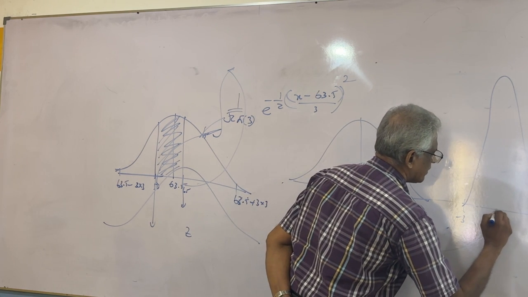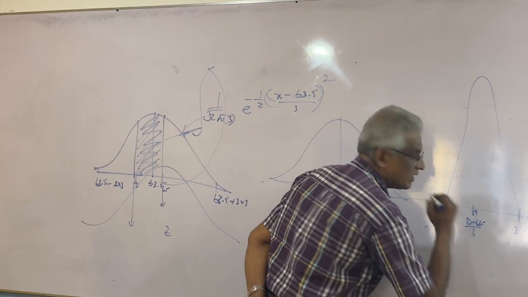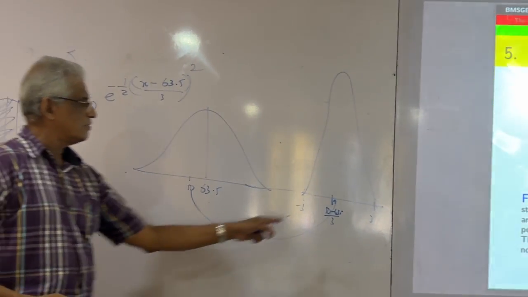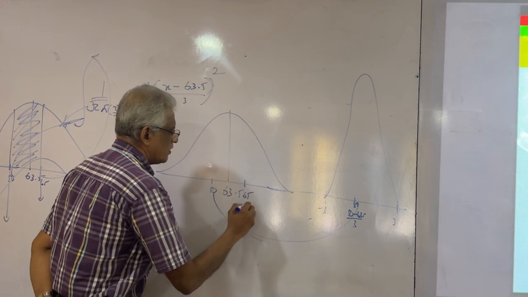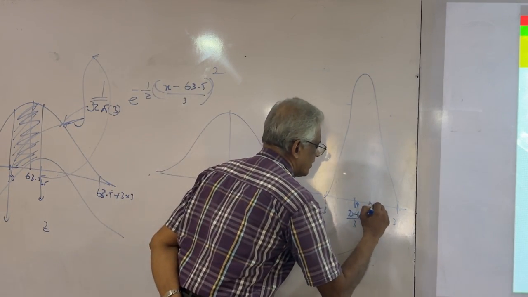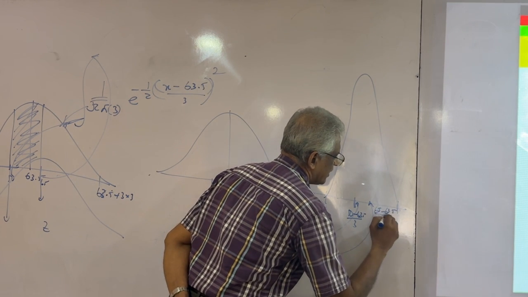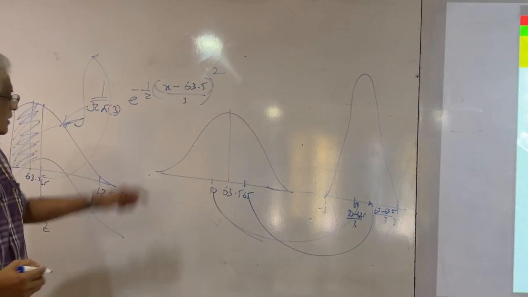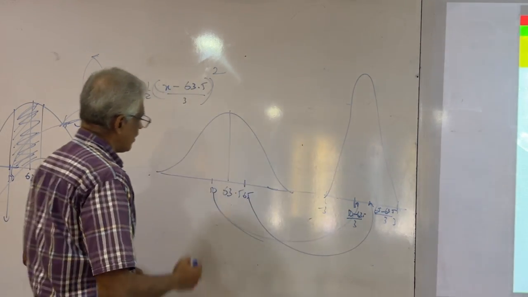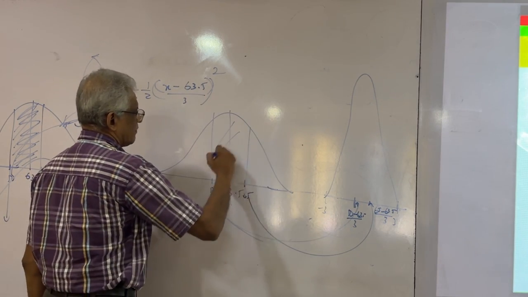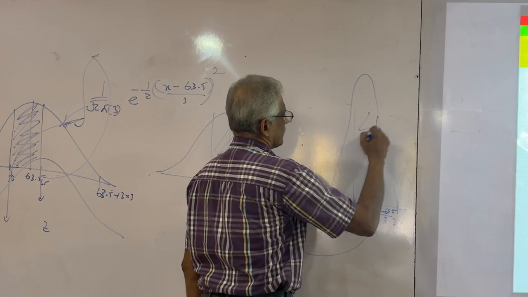That value will be 50 minus 63.5 divided by 3. The next value I want is 65, and that will be 65 minus 63.5 divided by 3. This curve has been converted into this curve. So now instead of finding this area here, we can find out this area here.